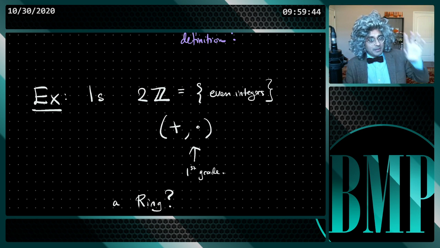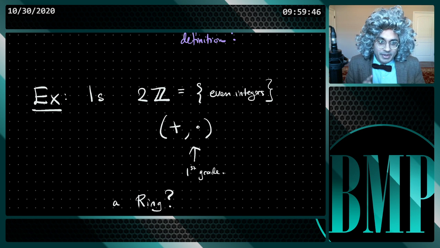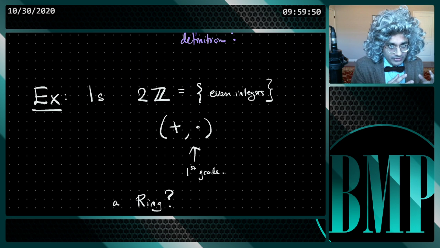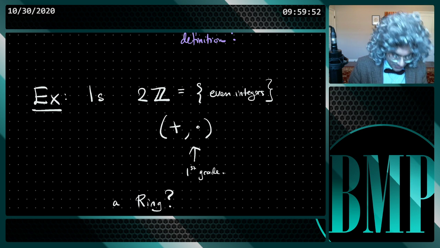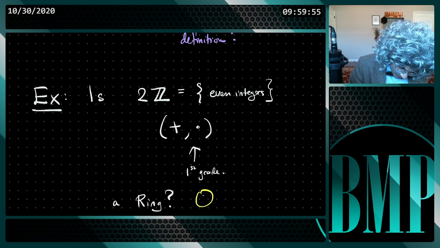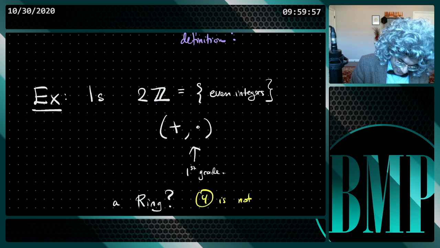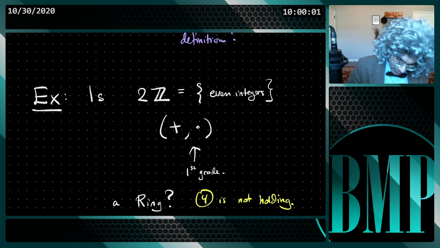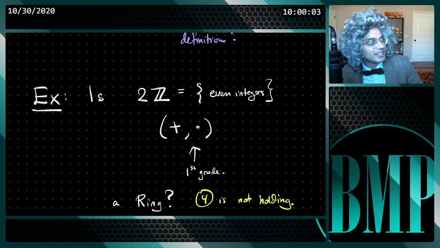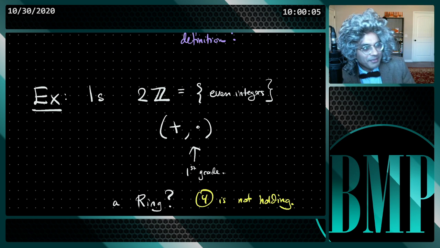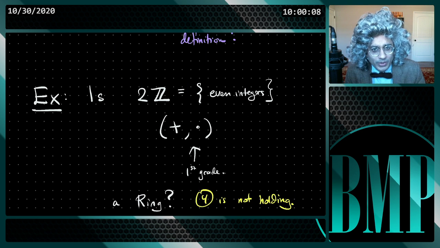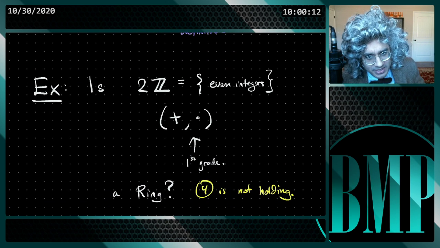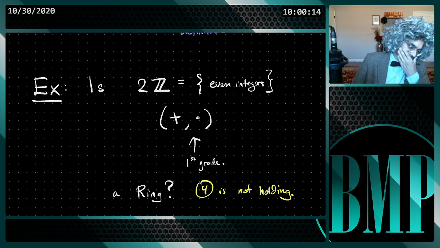According to that definition up there, no, because there's no element which serves as multiplicative identity. So that's an example where this definition doesn't include something that maybe you would want to call a ring.